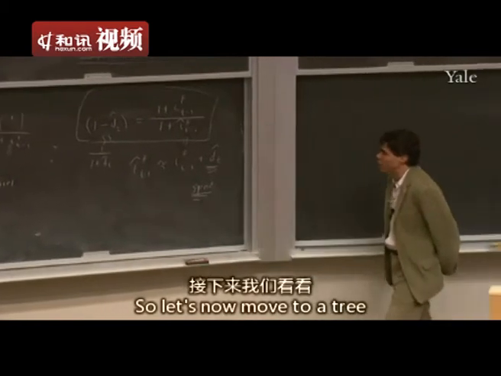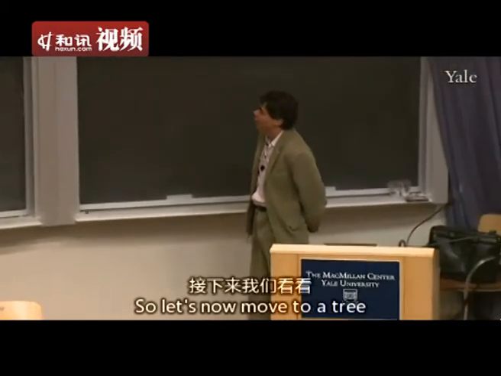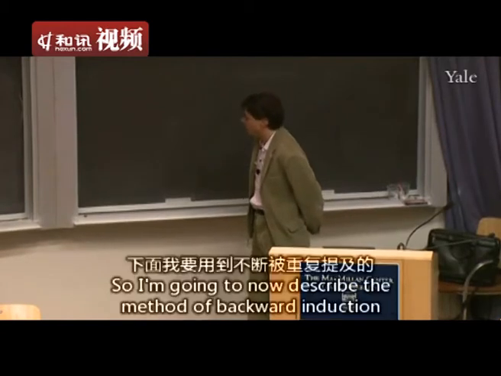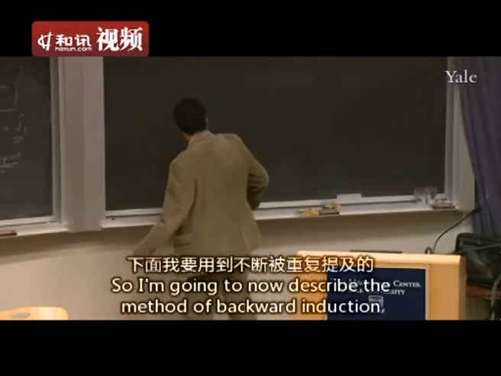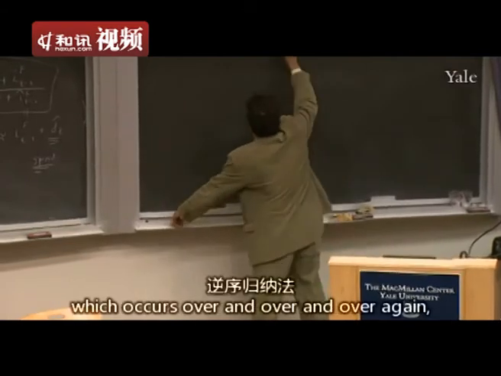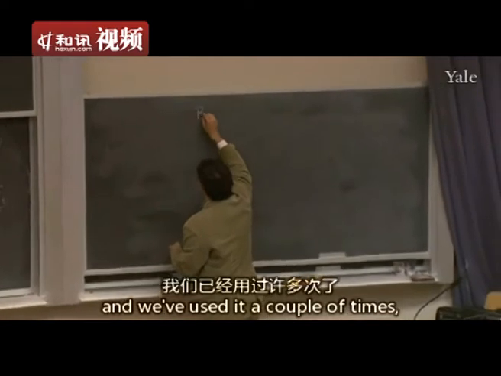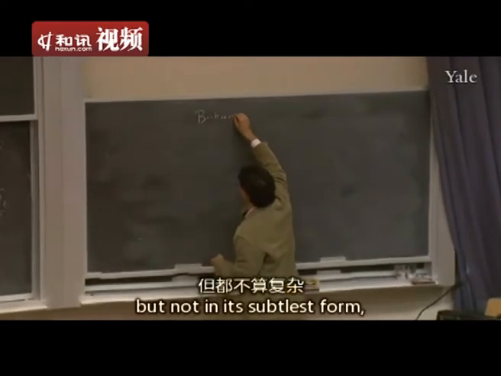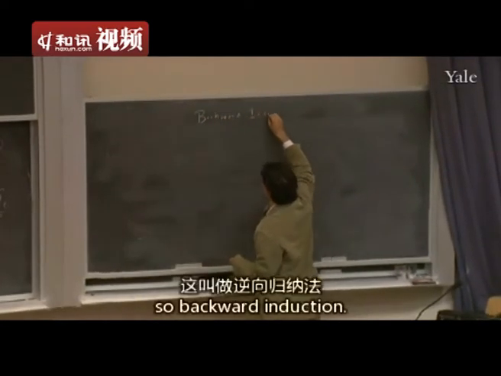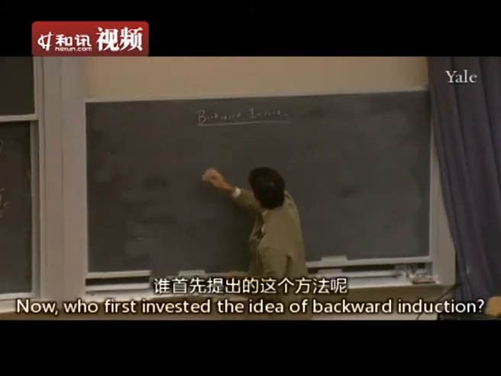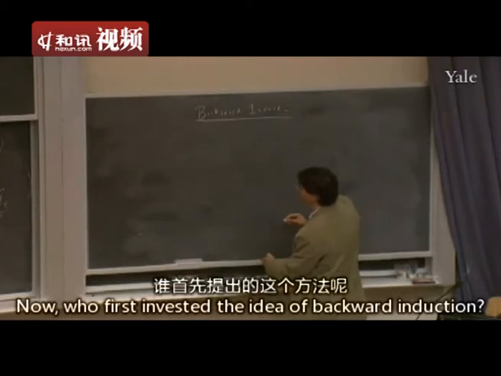So let's now move to a tree where you have to make decisions. I'm going to now describe the method of backward induction, which occurs over and over and over again. We've used it a couple times, but not in its subtlest form. Now who first invented the idea of backward induction?